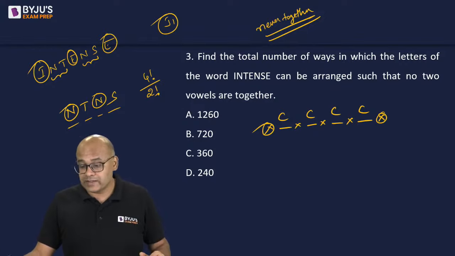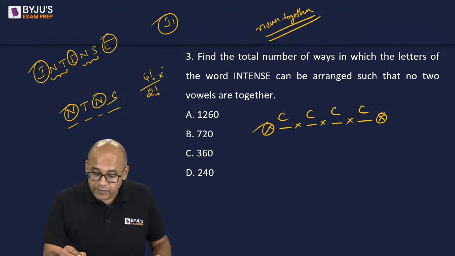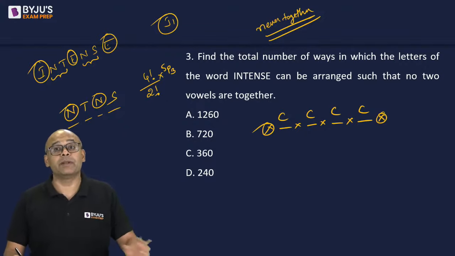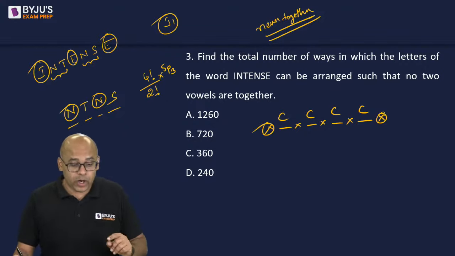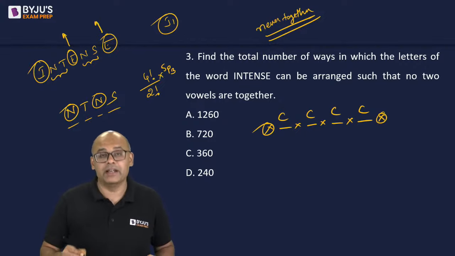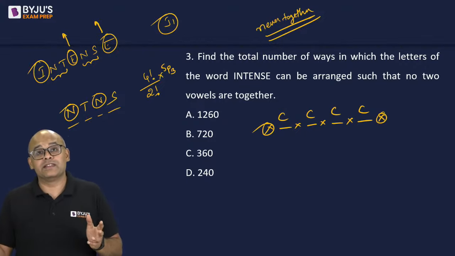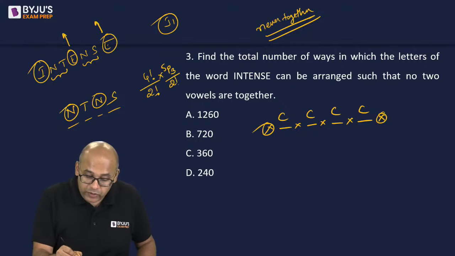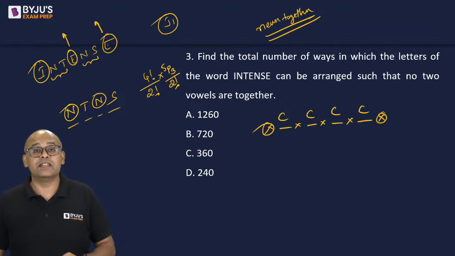How many ways can you arrange that? That is given by 5p3. But the job is not done here. Why? Because you can see that E is repeated. Whenever you are arranging things, if something is repeated, you will always divide it by 2 factorial. This is your final answer.